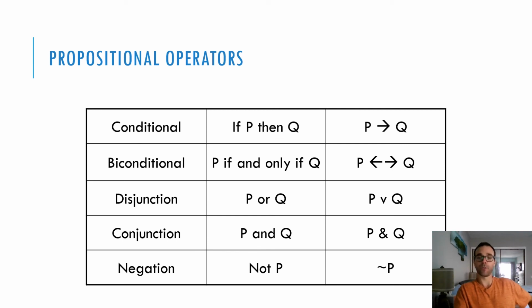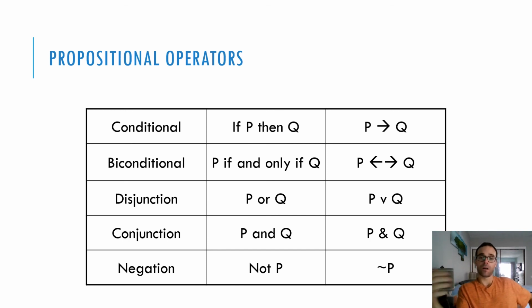So the P arrow Q. When we see P arrow Q, we're essentially being shown a conditional complex proposition where P is the antecedent and Q is the consequent. So when we see P arrow Q, we will read that as if P then Q.